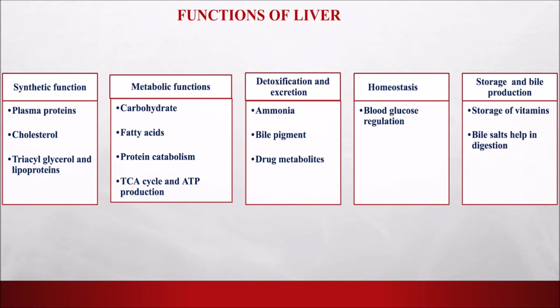Having seen these different functions of the liver and their importance in the body, it is important to understand what would happen if these functions are lost by the liver. So, what are the situations where the liver function is altered? How do you assess the function of the liver?